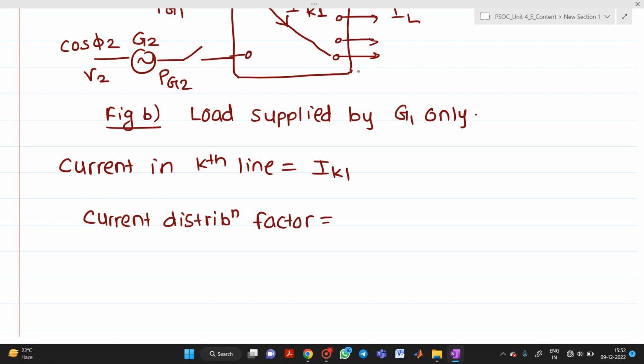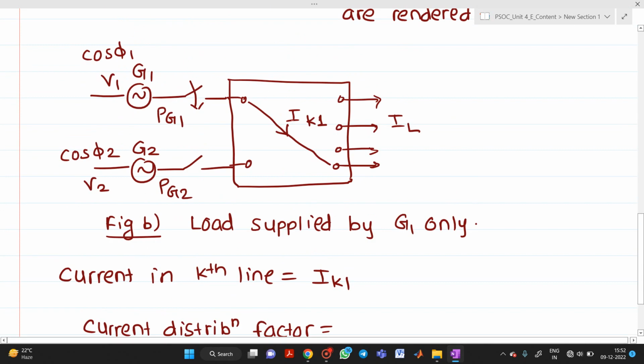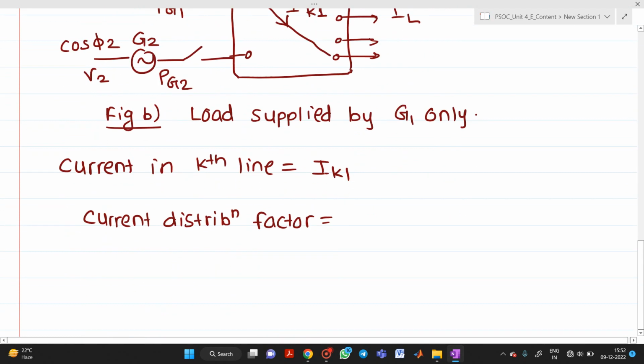It is the ratio of the current it would carry, which is IK1, divided by the total current, represented by IL.